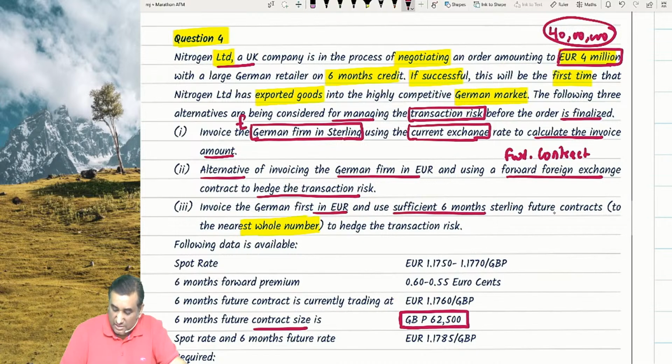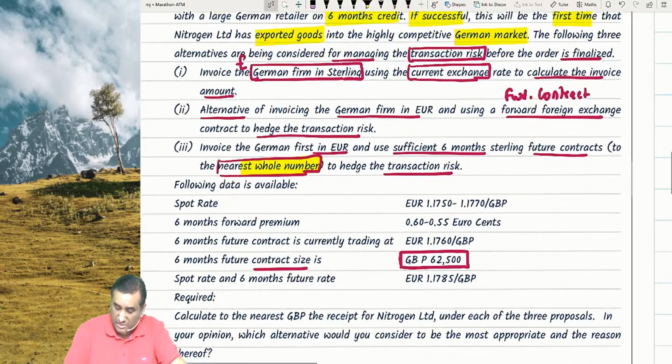Sufficient 6 months sterling to convert, to hedge with the forward contract. Following is available: what rate is available, or we have a 6 months forward premium.